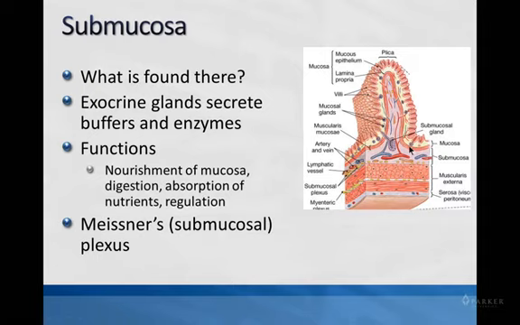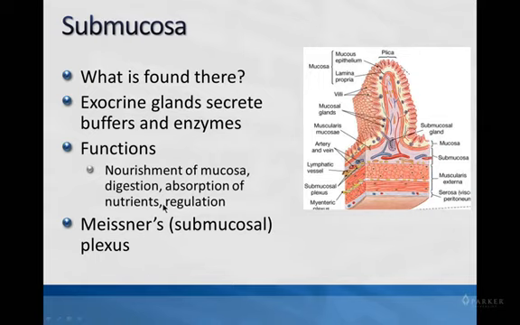So functions, well, nourishment. We have these blood vessels bringing in oxygenated blood and nutrients for the mucosa itself. It's involved in the digestion process. We have these glands that are going to be releasing some enzymes that will be involved in digestion.